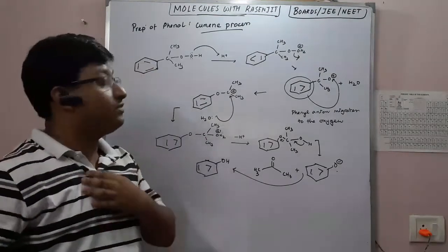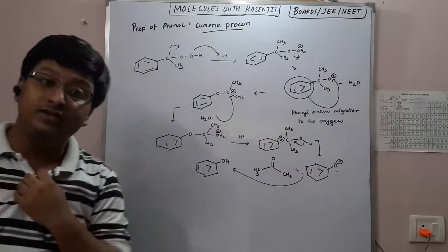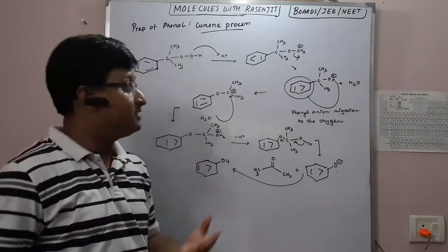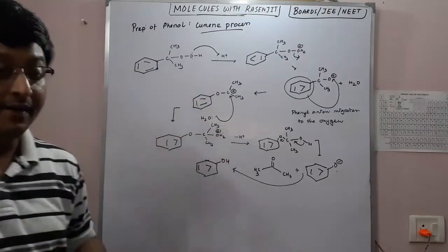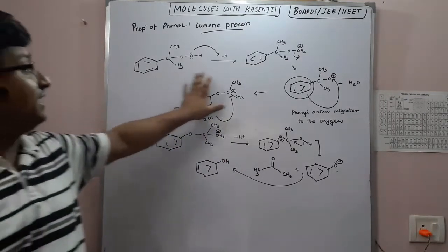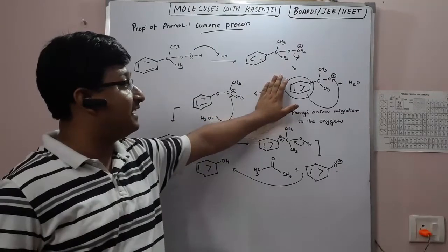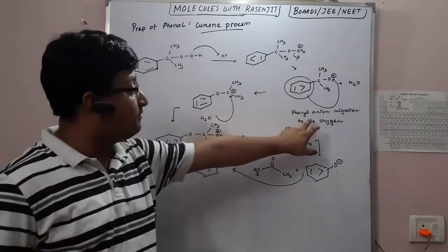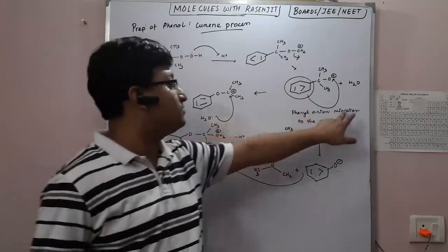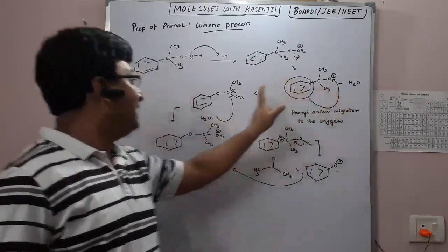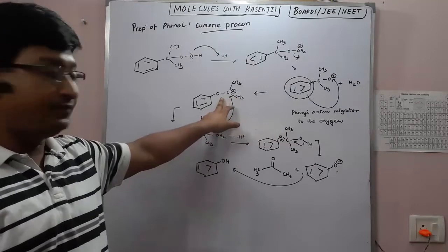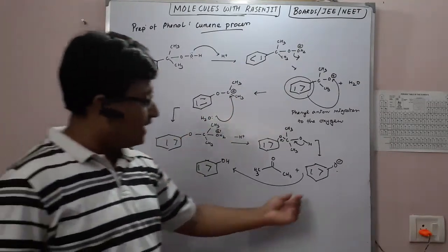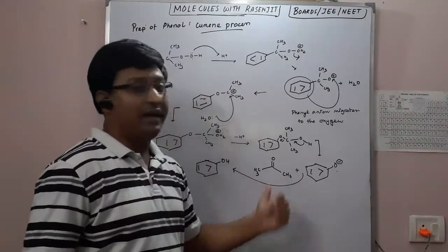Now in presence of oxygen, using a radical generator, it undergoes a free radical mechanism and forms cumene hydroperoxide. And this cumene hydroperoxide, in presence of acid catalyzed hydrolysis, undergoes a rearrangement where a phenyl anion migrates to the oxygen atom, leading to one carbocation. And this carbocation, in presence of water, undergoes hydrolysis and forms phenol and acetone.